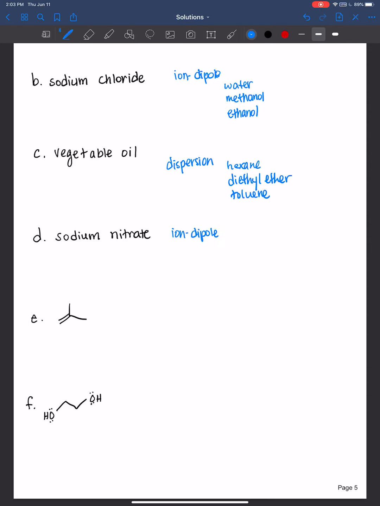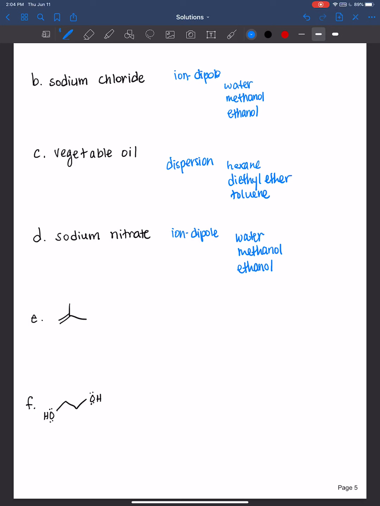And therefore, just like sodium chloride, you probably wrote down water, methanol, ethanol as some potential options, but mainly water, basically because we're working in a general chemistry course and we're working with aqueous solutions.